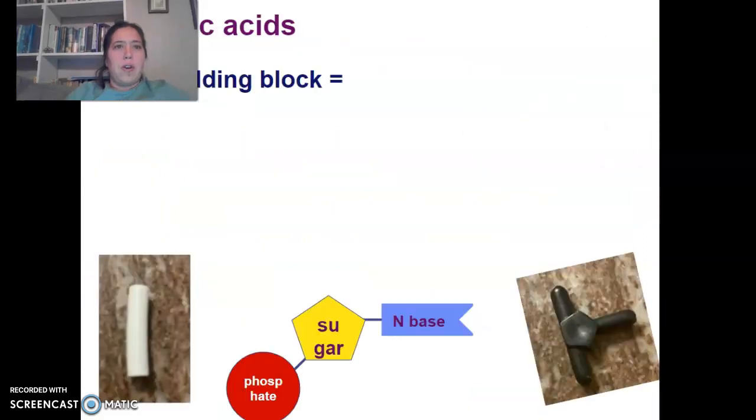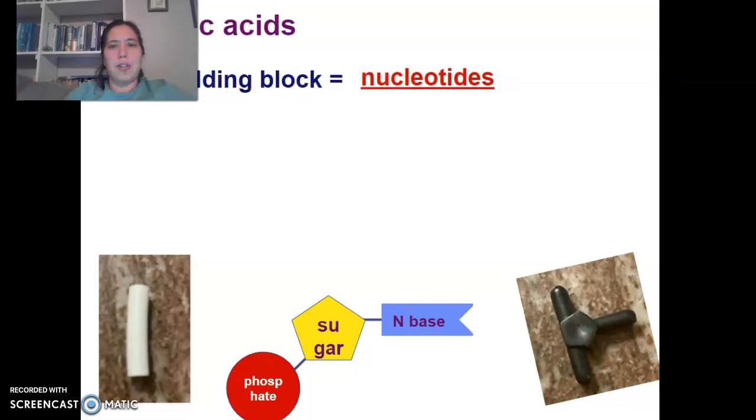All right, and if you recall, all of our macromolecules are polymers, or large chained molecules that are made of monomers. Those monomers, or building blocks, for nucleic acids are the nucleotides, and there's one shown here on this slide. A nucleotide at its very base level is a phosphate bonded to a 5-carbon sugar, and then a nitrogenous base.